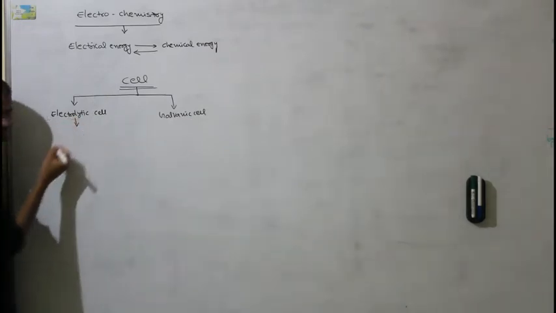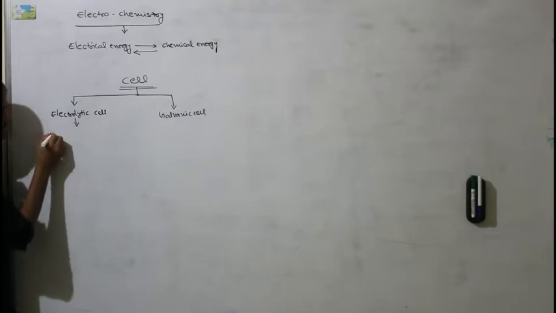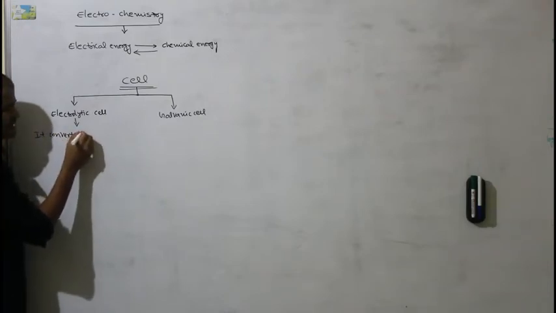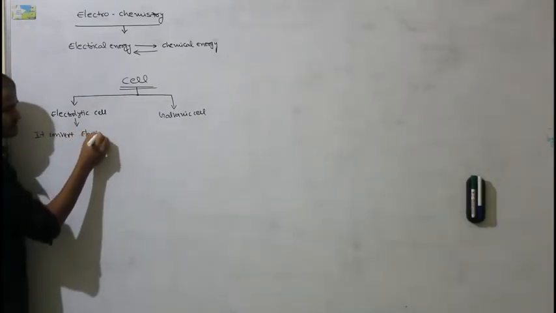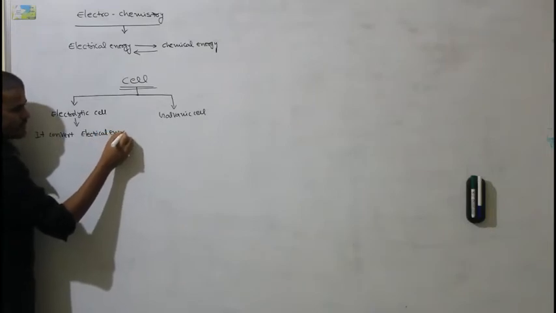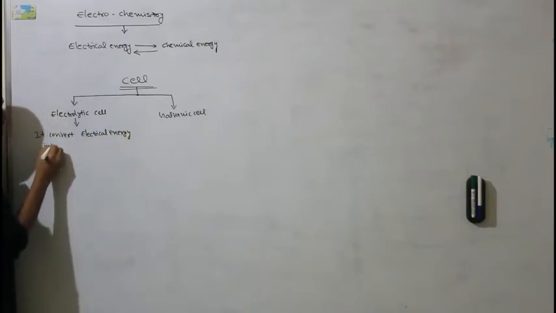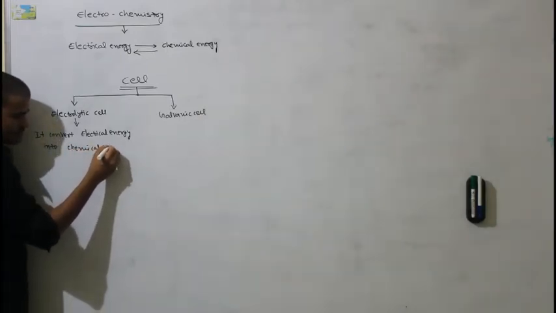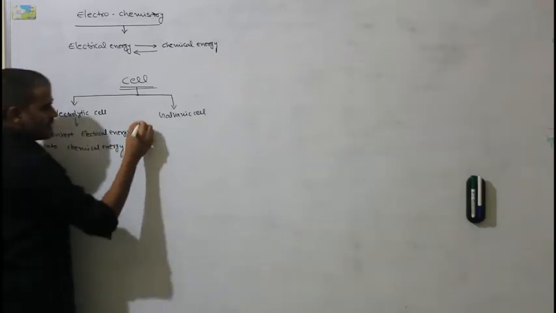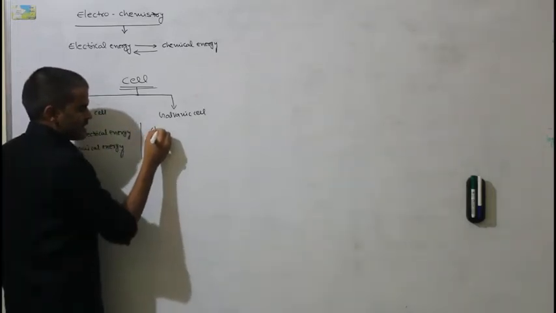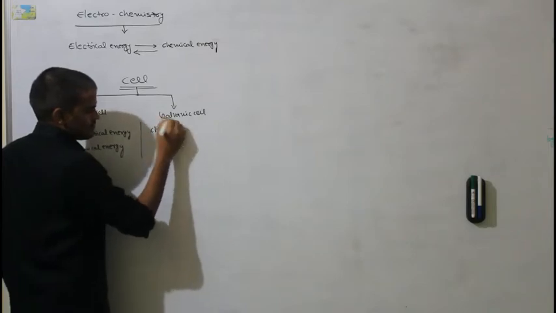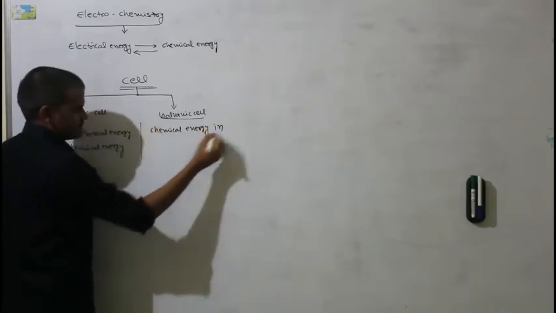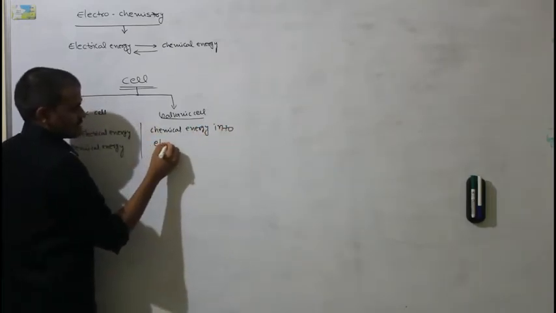Electrolytic cell converts electrical energy into chemical energy. Galvanic cell converts chemical energy into electrical energy.